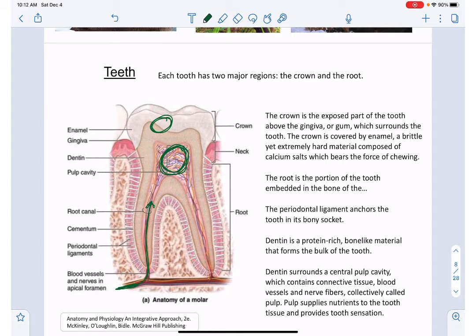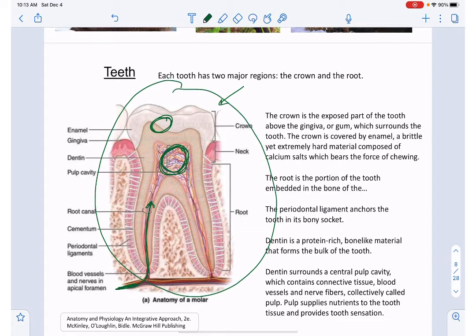So my question for you is, let's say that you're working in a dentist and you're going to work on this tooth. And what you need to do before you work on that tooth is inject some Novocaine somewhere around this tooth to block the nerve supply, to block the nerve signals that are supplying the tooth, so that patient will not feel pain or discomfort while you're doing that.